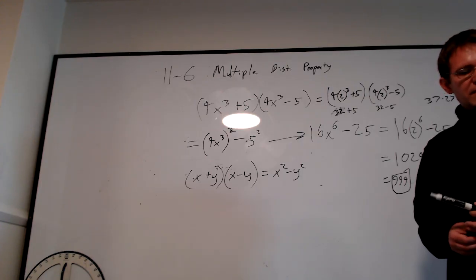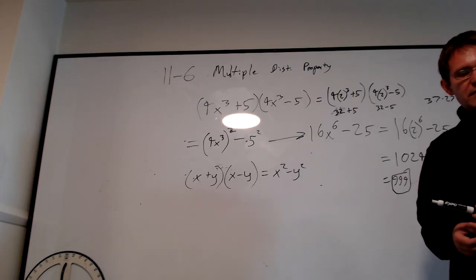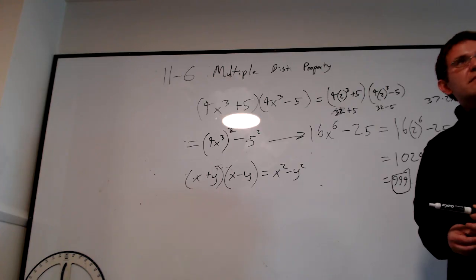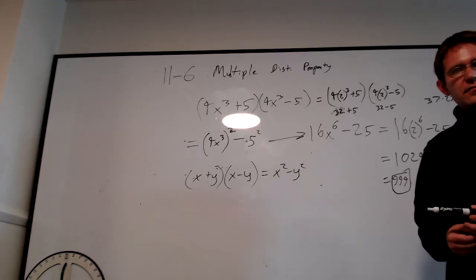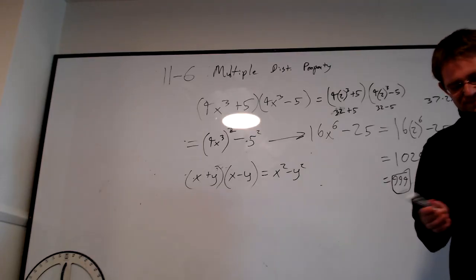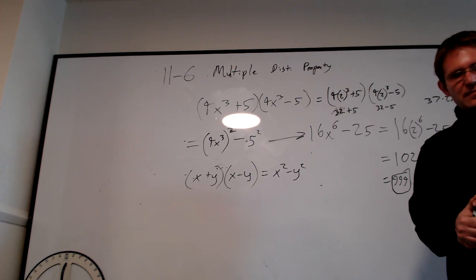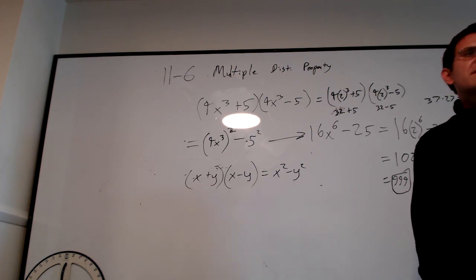What's the shortcut for the other one? It's a squared plus or minus, depending on your sign, 2ab plus b squared.